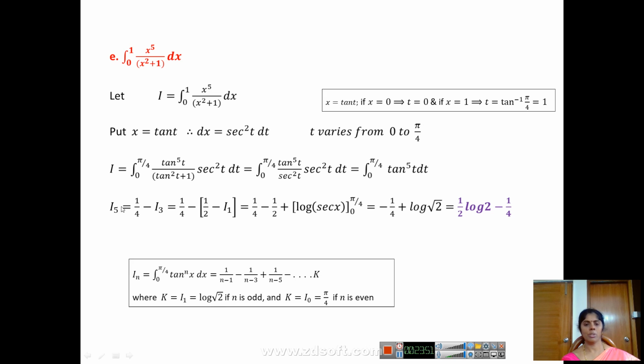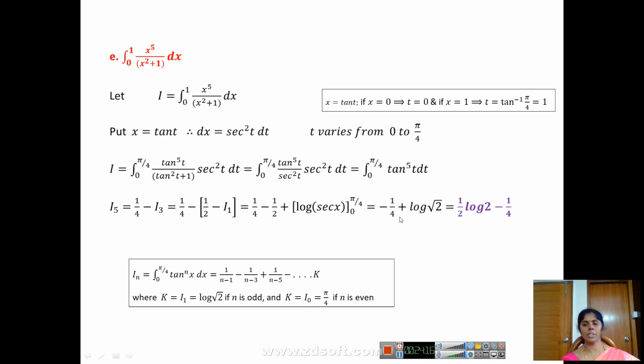So then I can write I5 is equal to 1 divided by 4 minus I3, that we can write 1 divided by 4 minus 1 divided by 2 minus I1, again that is 1 divided by 4 minus 1 divided by 2 plus log of secant. It varies from 0 to pi by 4, that is nothing but log root 2 we can write.